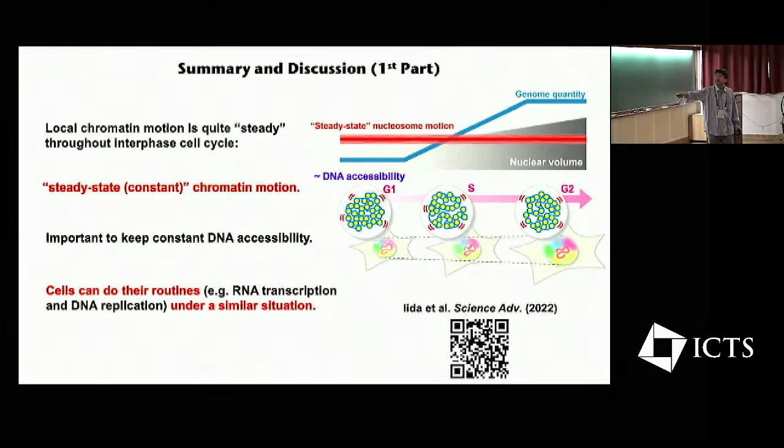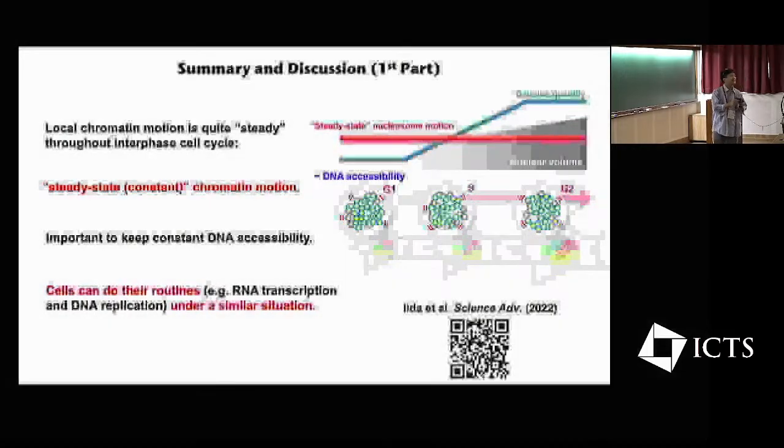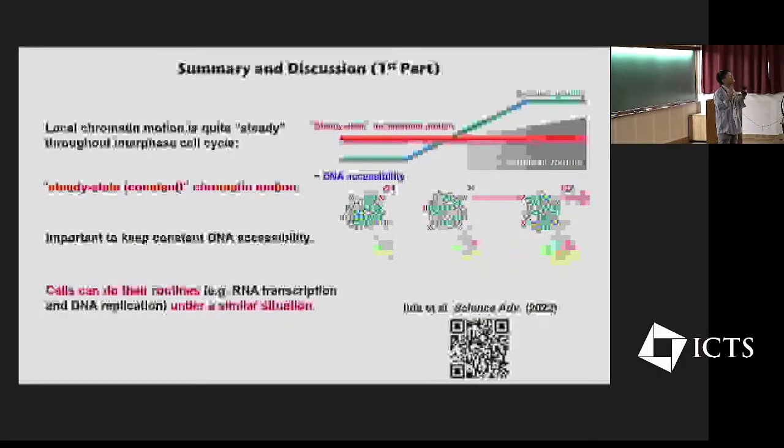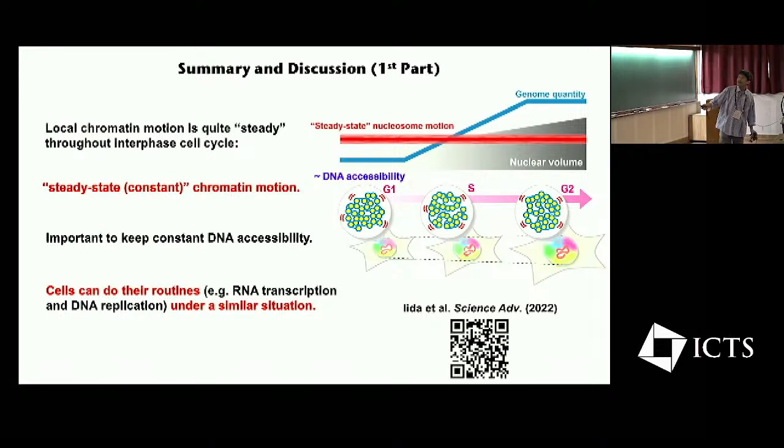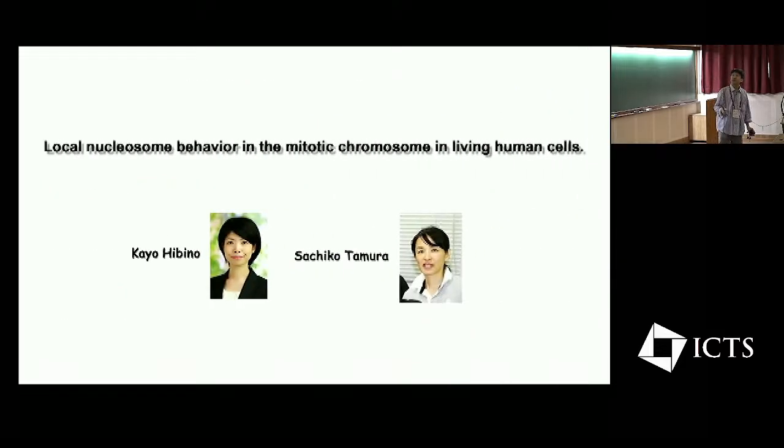That means cells can do their routines, such as RNA transcription and DNA replication, under similar situations throughout interphase. For more details, please look up our paper. So far we focused on the interphase cell cycle, and in the second part of my talk, I will discuss local chromatin behavior in mitotic cells. The main contributor to this work is Kazuhiro-san, with the help of Sachiko Tamura-san in my lab.